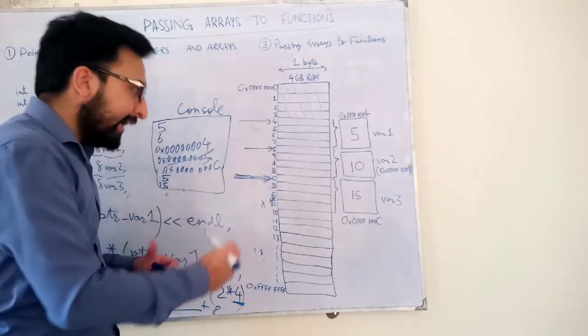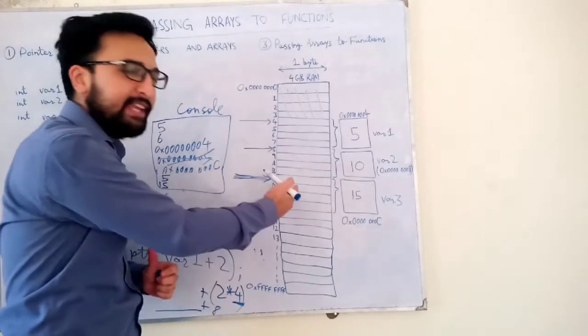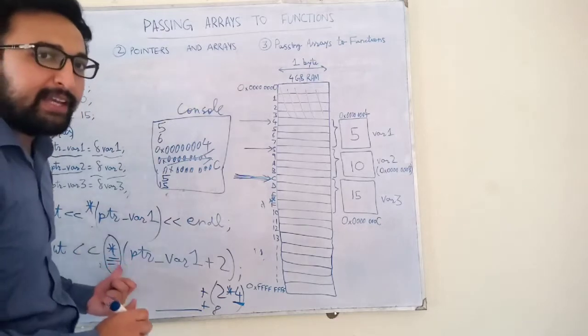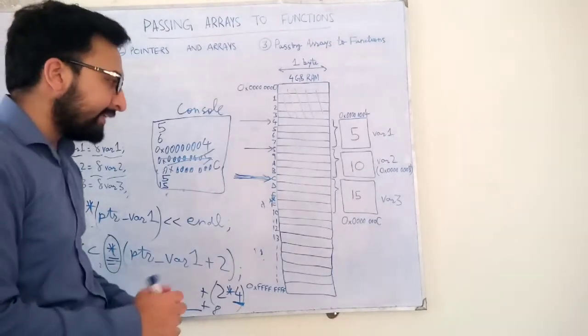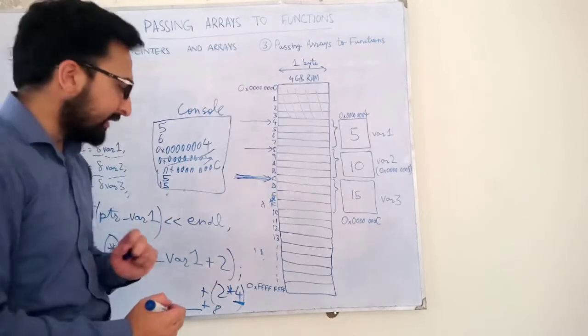And adding 8 to that particular address meant that we arrived at the third variable here, and writing the dereference operator here meant that we were accessing the value from this address. So that is why 15 gets printed on the screen.